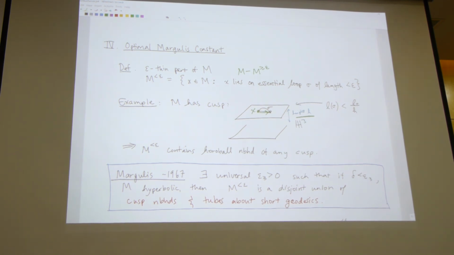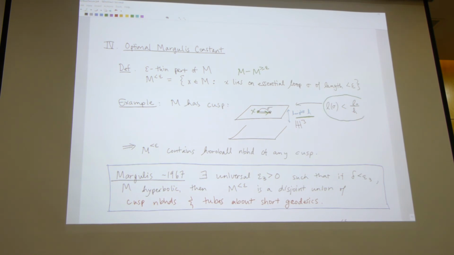Its hyperbolic length is going to be this Euclidean length divided by h, and then the distance between these two points is actually going to be smaller than that. So you get this upper bound. You let h go to infinity, and this length is going to 0. You can make the length as small as you want. So if M has a cusp, then for any epsilon, the thin part is always going to contain a horoball neighborhood of that cusp.